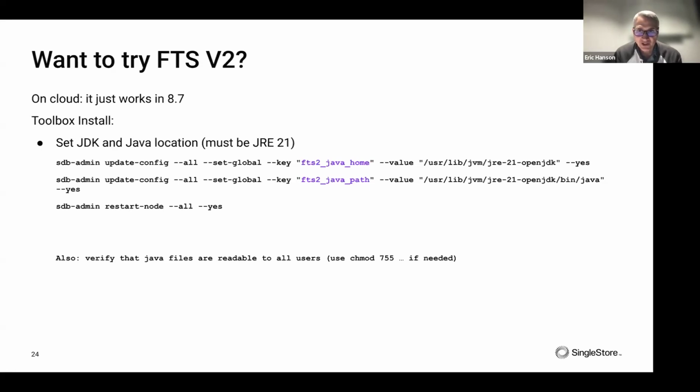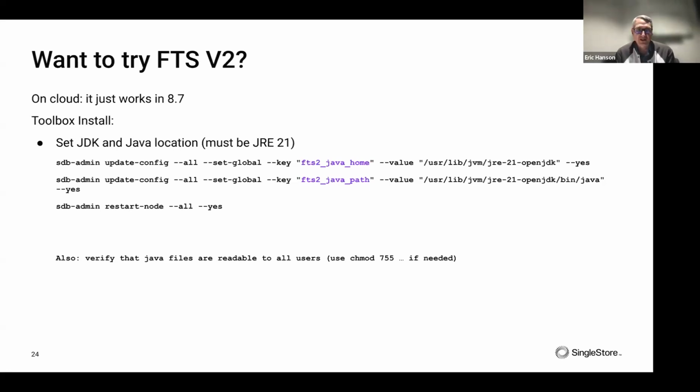I just gave an example of the way it is on my installation, but yours may be different. So put in the right value for the path there, and run the command just like this with the double dash yes to make it non-interactive and not wait for any prompts, and then just restart all the nodes in your system, and then Java will be accessible and you'll be able to use full text search v2.